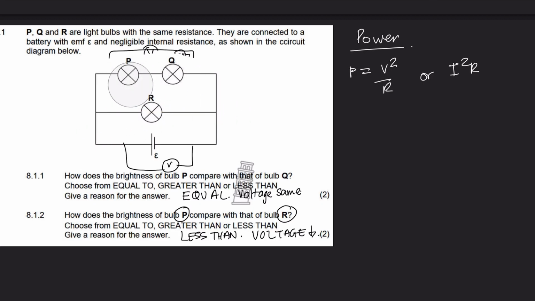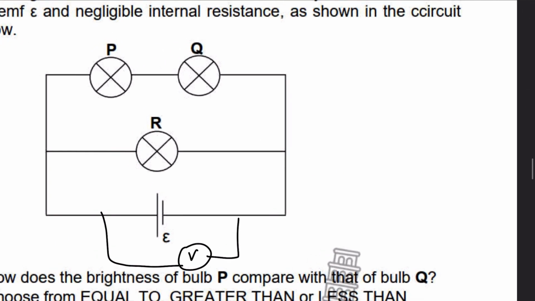So what we can do is we can think about the current. How will the current that flows through these branches look? So remember, if the current is flowing this way, the current is going to split. So it will split in this branch, and then it will split in this branch here.